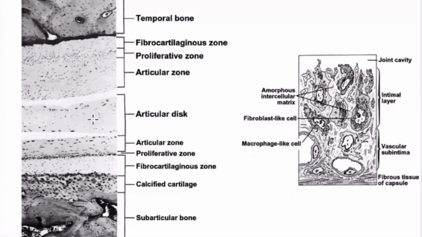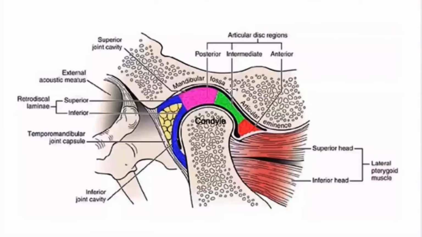When the pressure is released, the glycosaminoglycans attract more water inside. So the hydrostatic pressure of the water movement and the synovial fluid is dependent upon the activity of the joint, whether it is in use or not.